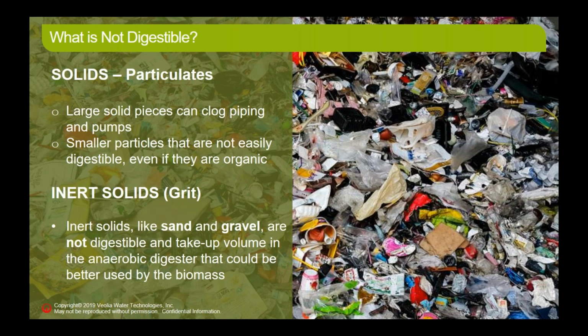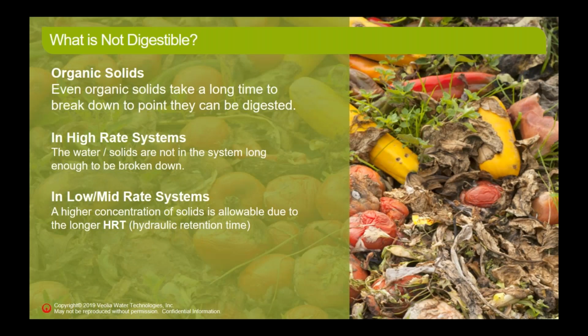And if they get caught in the sludge bed, they're going to take up space that would be better used by anaerobic bacteria. So we don't want them in there. There's also things that are not biodegradable, like sand and gravel, that would build up in the reactor that you don't want in there. So you want those removed also. Other things that are not digestible are large organic particles for a number of reasons in the UASB and EGSB systems, although sometimes they can be digested in mid to low rate systems.